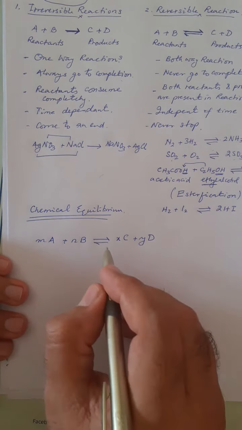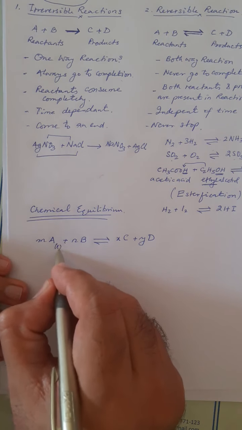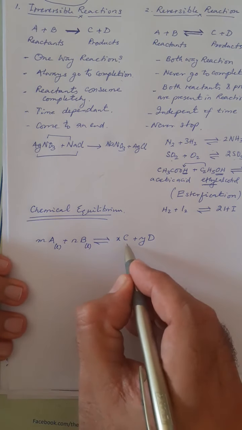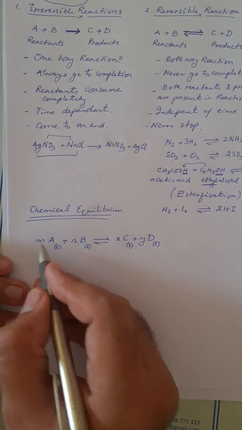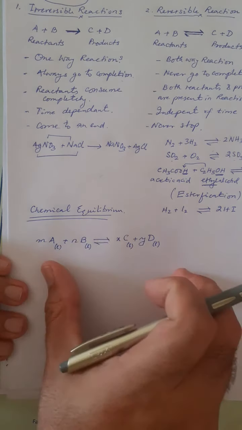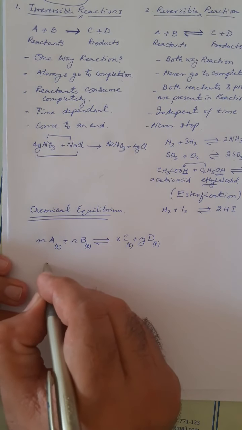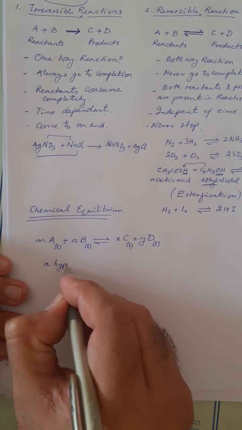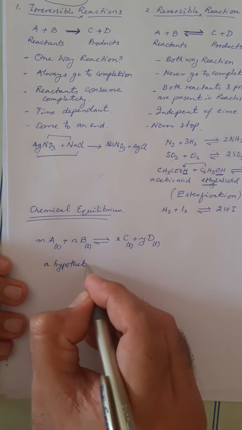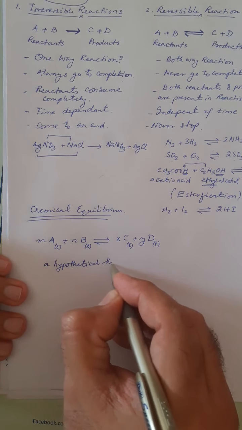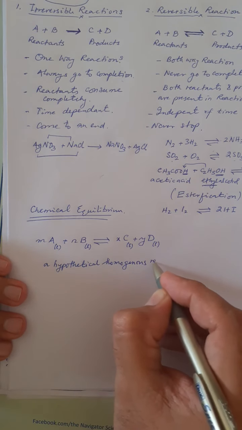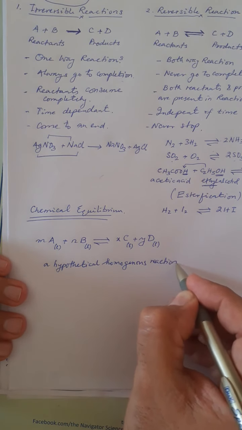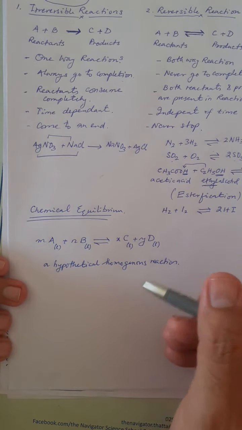By homogeneous reaction, I mean all are liquid or all are gases, or reactants and products, all of them are in the same phase. This is a hypothetical, which means imaginary, homogeneous reaction. It means that all the products and reactants involved are in the same phase.